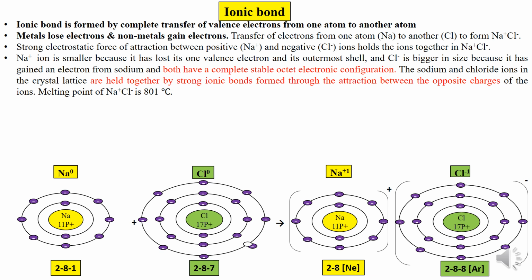I'll also give you the diagram of the crystal lattice. Now the sodium ion is smaller as compared to the chloride ion. Why is that?